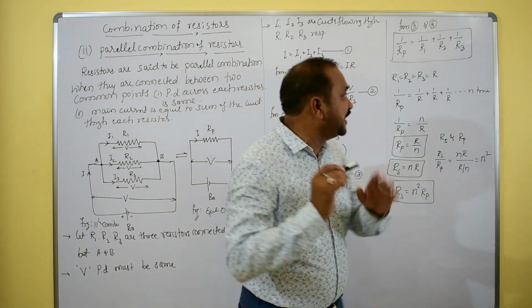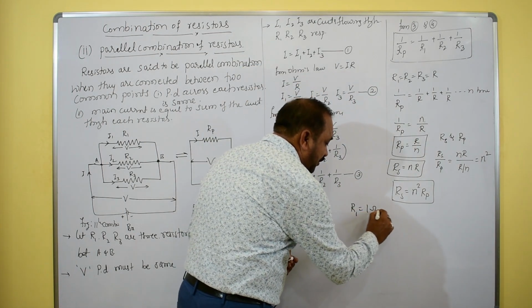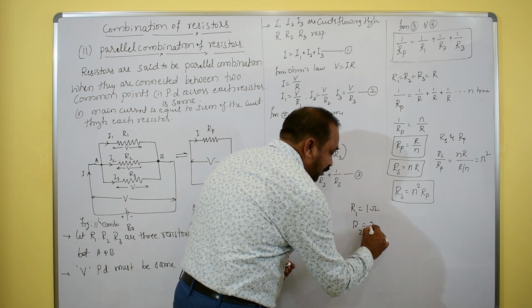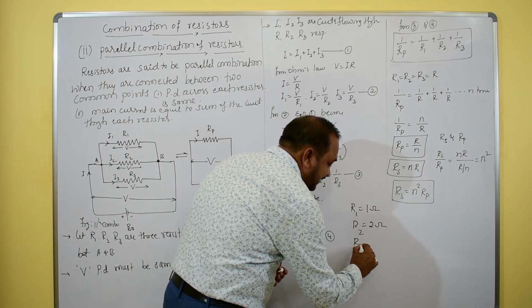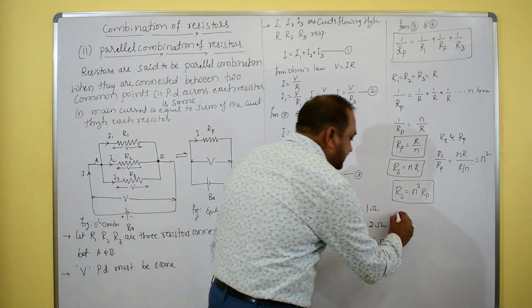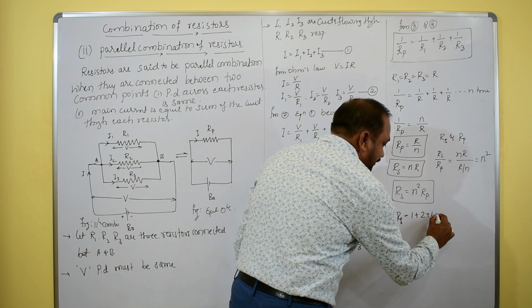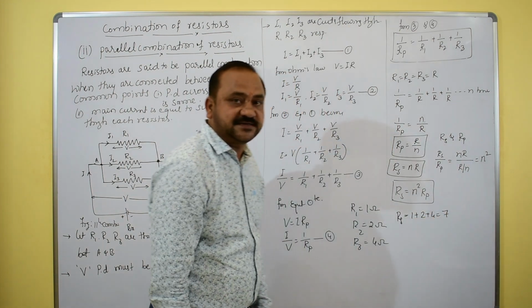For example, that I would like to discuss in this case, say R1 equals 1 ohm, R2 equals 2 ohm, R3 equals 4 ohm. Then Rs is the sum of these: 1 plus 2 plus 4, total 7 ohm resistance.